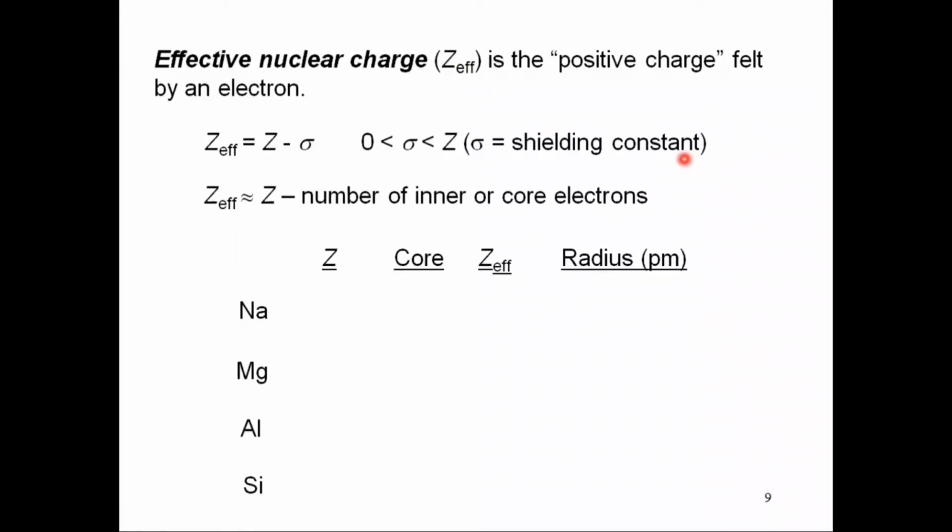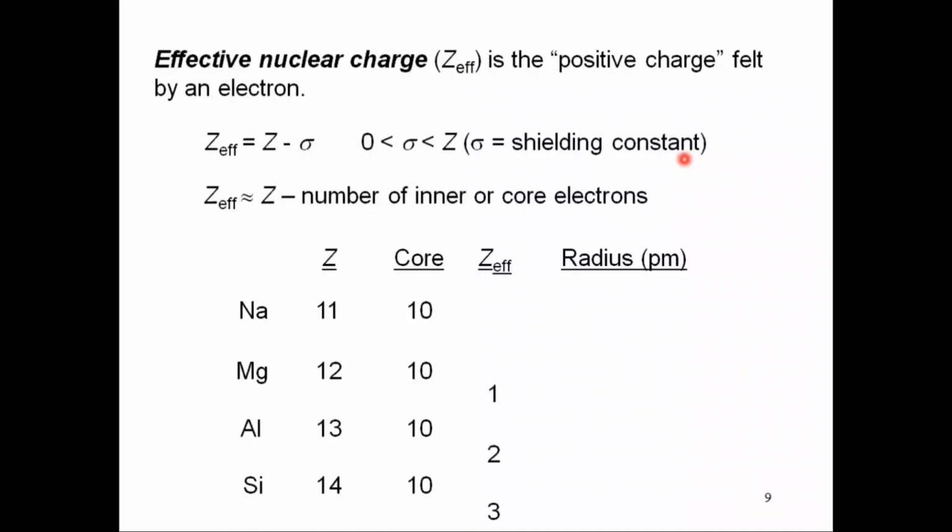Consider the elements sodium, magnesium, aluminium and silicon. Their atomic number is given, core electrons are given. You know, sodium has 1s2, 2s2, 2p6, 3s1 electronic configuration. Here, only the 3s1 electron is the valence electron. All other 10 electrons are core electrons.